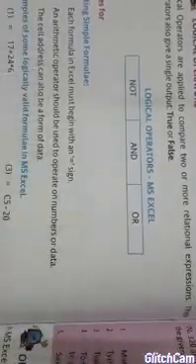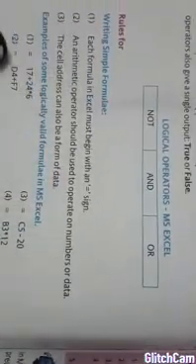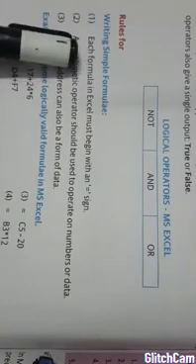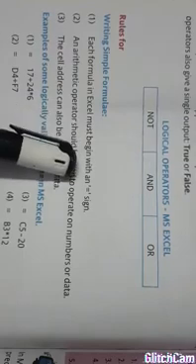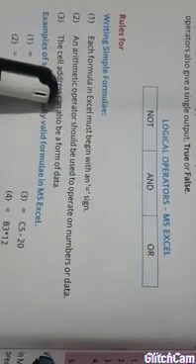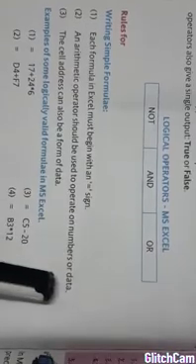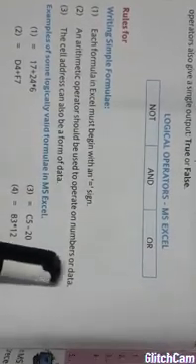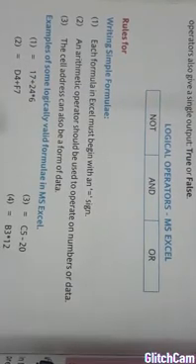Now there are certain rules for writing a formula in MS Excel. Each formula in MS Excel must begin with an equals to sign, which I have already told you. An arithmetic operator should be used to operate on numbers or data. The data means always numeric, right?